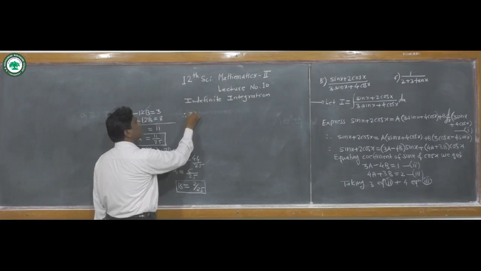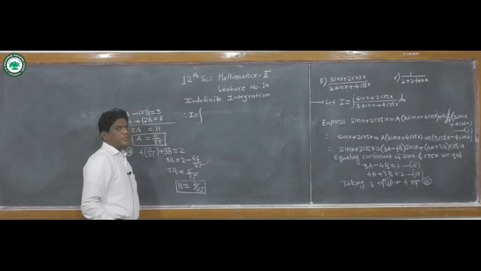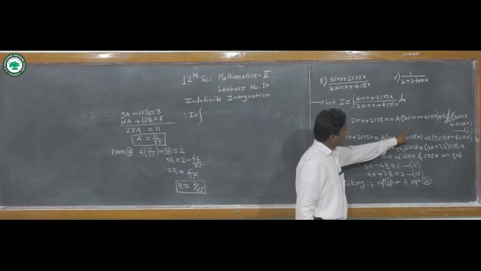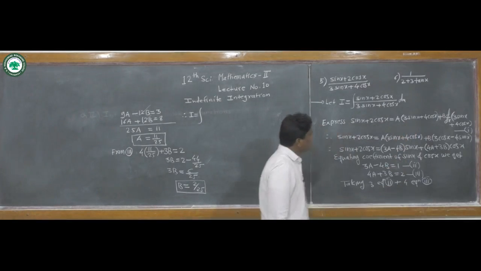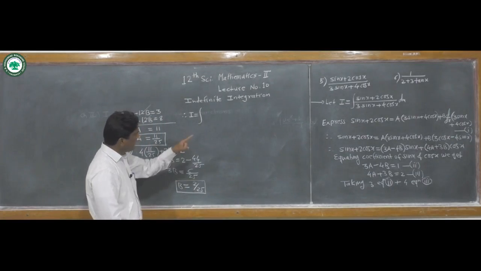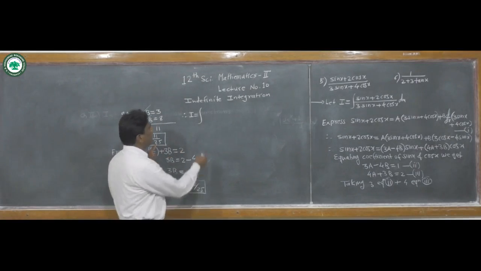Therefore, I is equal to integration of, we replace here the numerator with the right hand side of equation 1 by putting the values of a and b. Now a is here 11 upon 25.